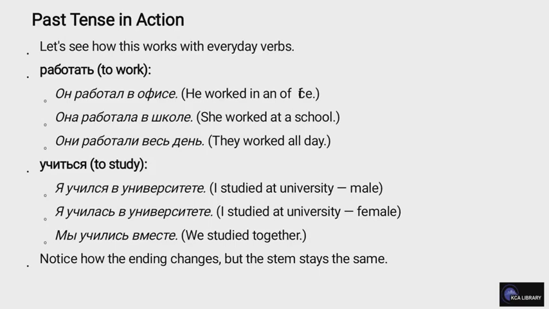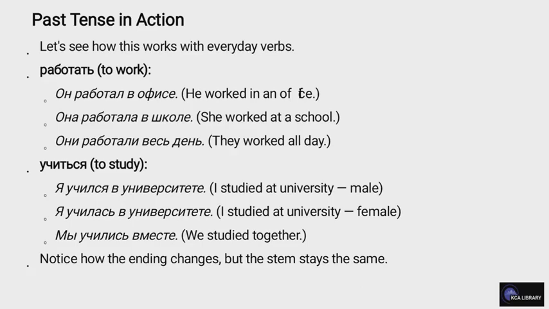Past tense in action. Let's see how this works with everyday verbs. Rabotat, to work. On rabotal v ofise. He worked in an office. Ona rabotala v shkole. She worked at a school. Oni rabotali ves den. They worked all day. Uchitsya, to study.